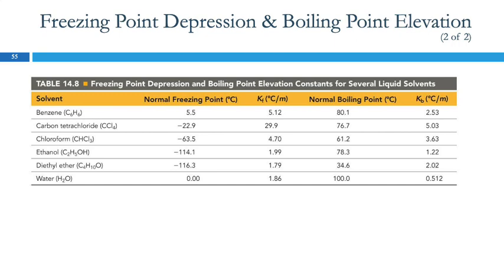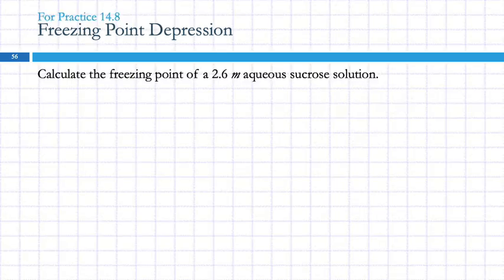Here's a table showing several different solvents, their normal freezing points, normal boiling points, and here's the freezing point depression constant. So for water, that freezing point depression constant is 1.86. Calculate the freezing point of a 2.6 molal aqueous sucrose solution.